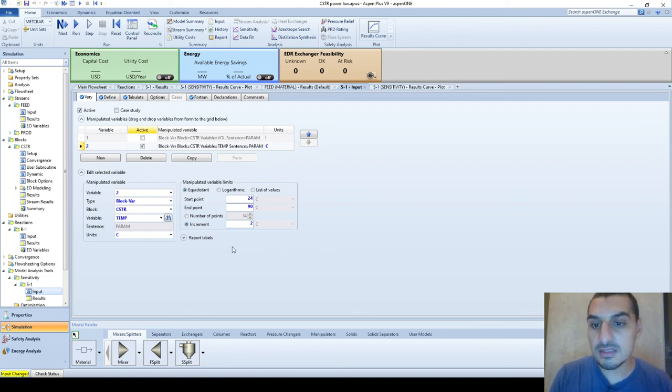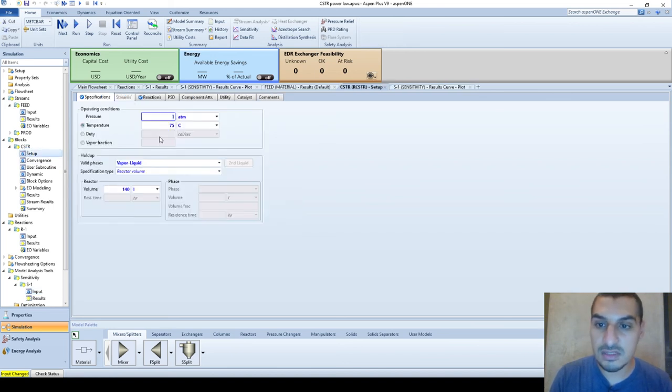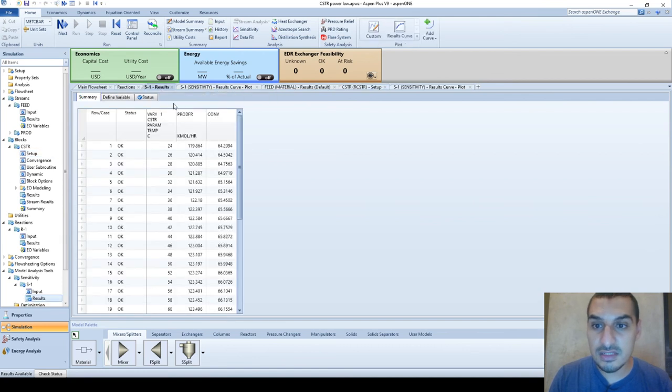And this is what we're going to do. I'm going to go for the CSTR and use this very big volume, so that I'm sure that the reaction has reached its endpoint, the equilibrium. So in the sensitivity analysis result, we will see that this is the equilibrium conversion.